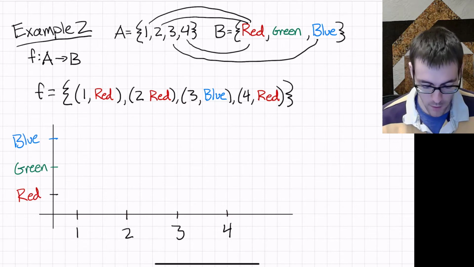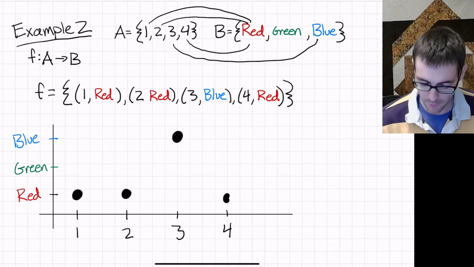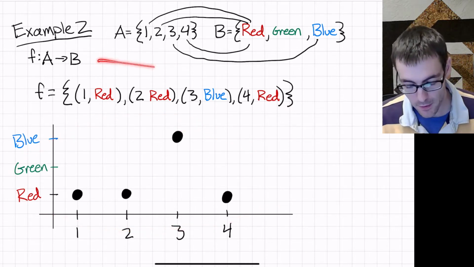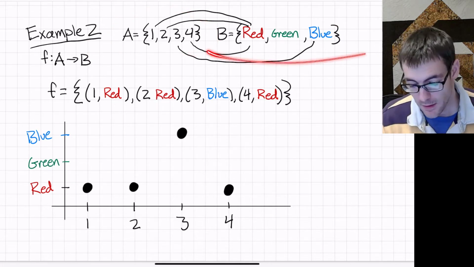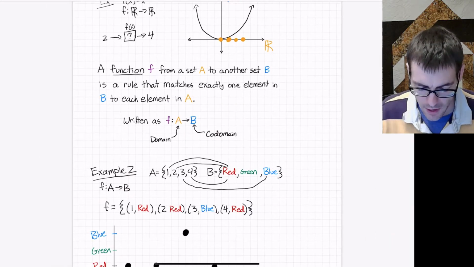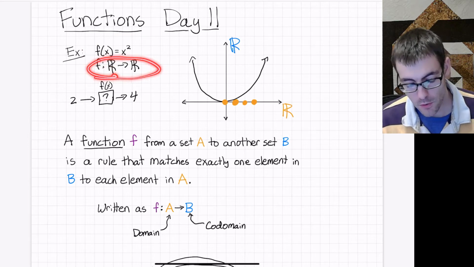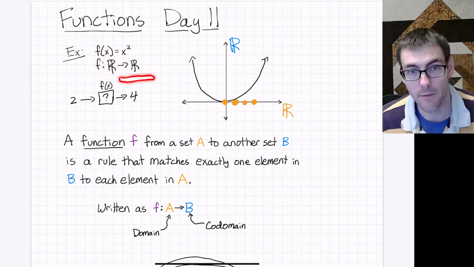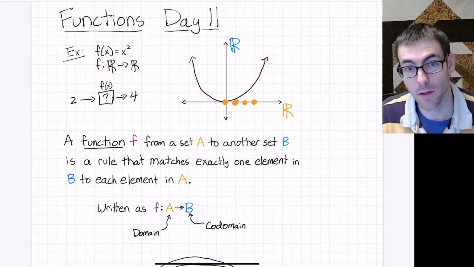So 1 goes to red, 2 goes to red, 3 goes to blue, and 4 goes to red. This is the plot of the function we've been describing. Again, the set A is our domain, and the set B is our codomain. Comparing this plot to our first example, f of x equals x squared, running from the domain of all real numbers to the codomain of all real numbers, can be represented by a plot that looks like a parabola.